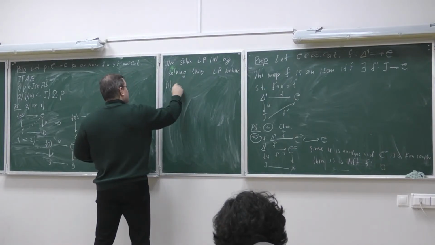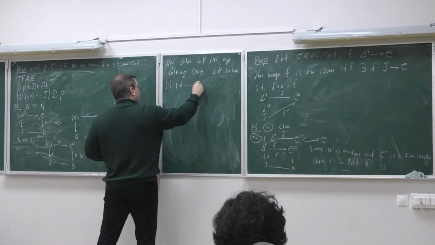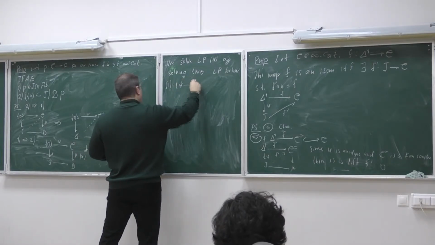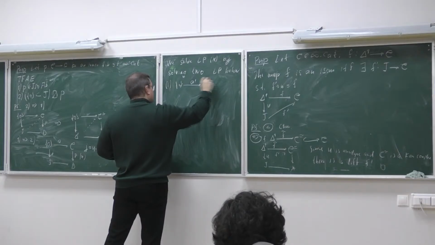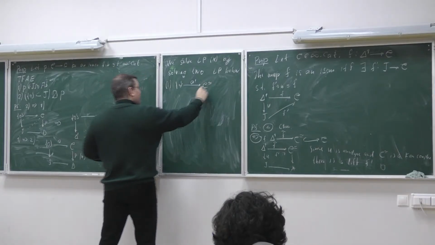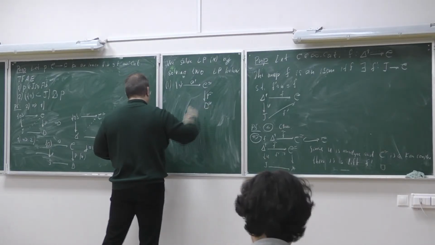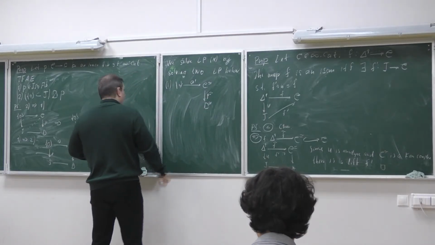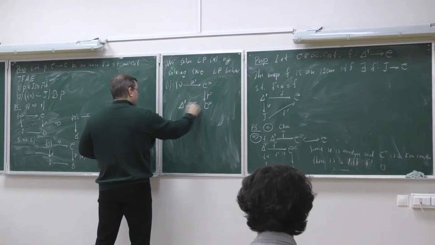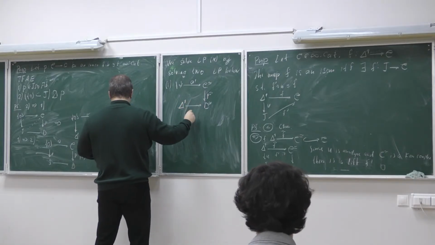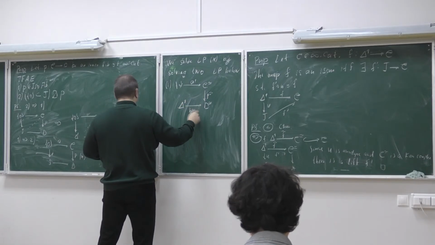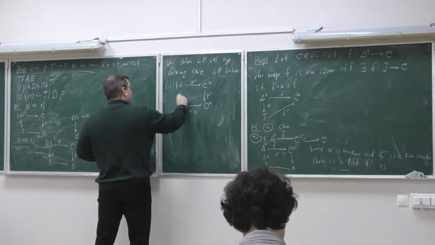I can take 0, the map A prime to the maximal subgroupoid of C, and then the inner fibration, which induces an inner fibration of the maximal subgroupoids, and then delta 1. So this map will be the composition of the B prime and U, and this is i.